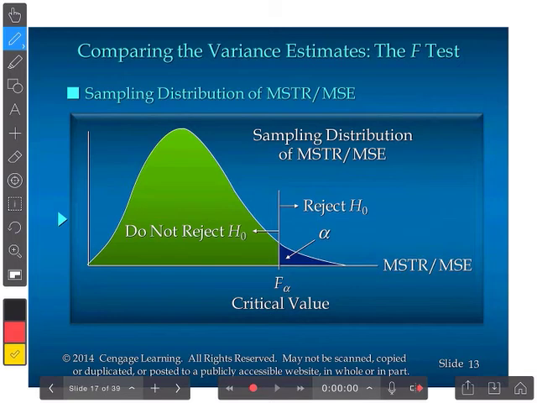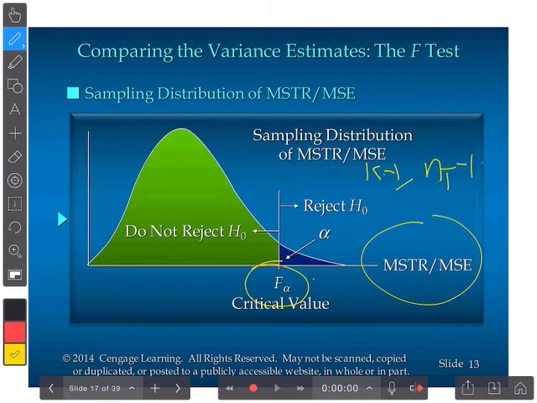Here's our rejection region, where at alpha we would reject the null hypothesis, and we have the ratio of the 2 variances. With our degrees of freedom, we can find the critical value over here. So F alpha, the critical value, with the 2 different degrees of freedom, one which is k minus 1, and the other which is nt minus k.